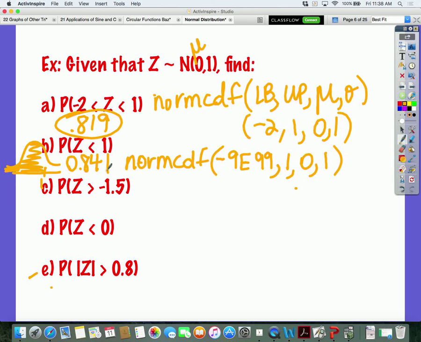Now what do you think for one that's greater? A really big number? It would be 9E99. Okay? So norm CDF. My lower bound is a -1.5. My upper is a positive 9E99. My mean, my standard deviation.